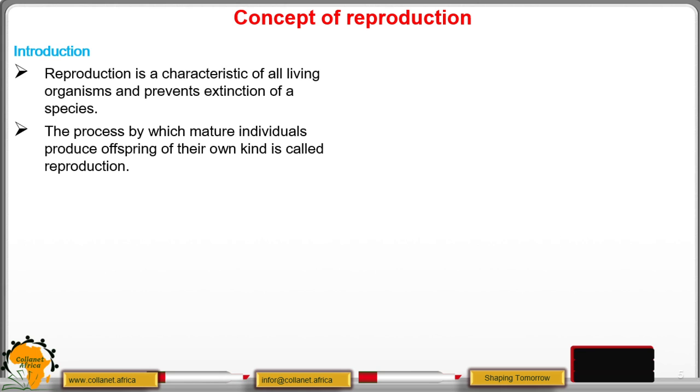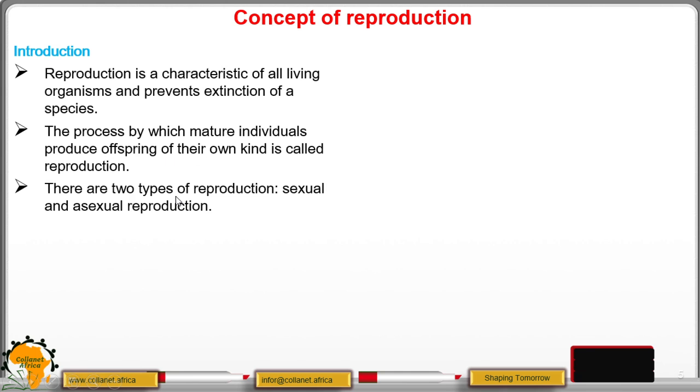It is called a mule, and that offspring is not viable, meaning it cannot reproduce. So that is not reproduction. So it should be of their own kind, and that kind is also able to reproduce another individual of that kind. And reproduction is of two types.